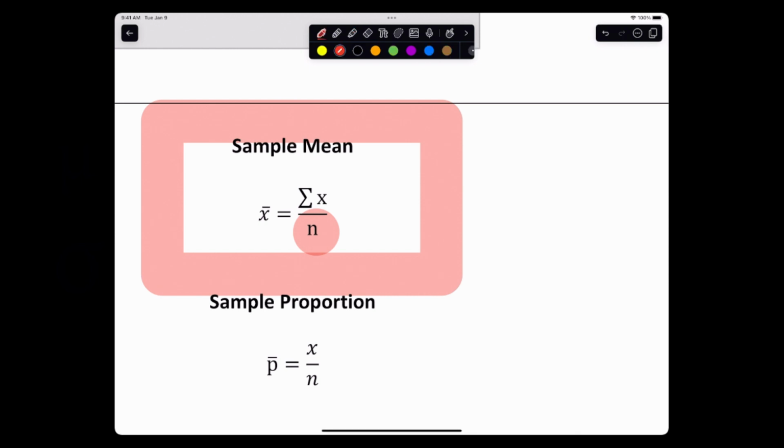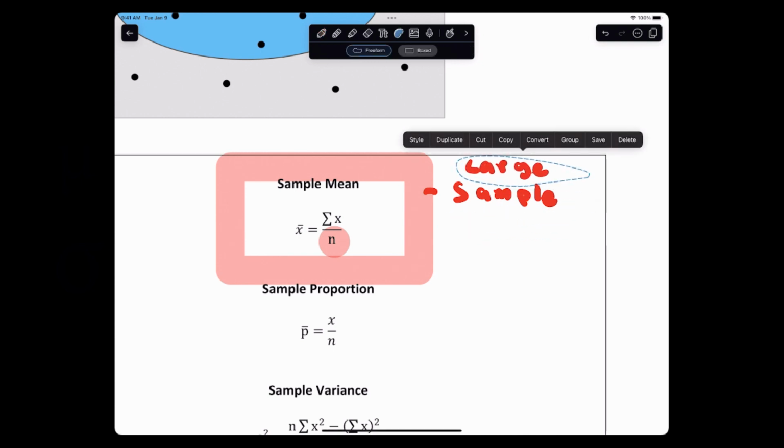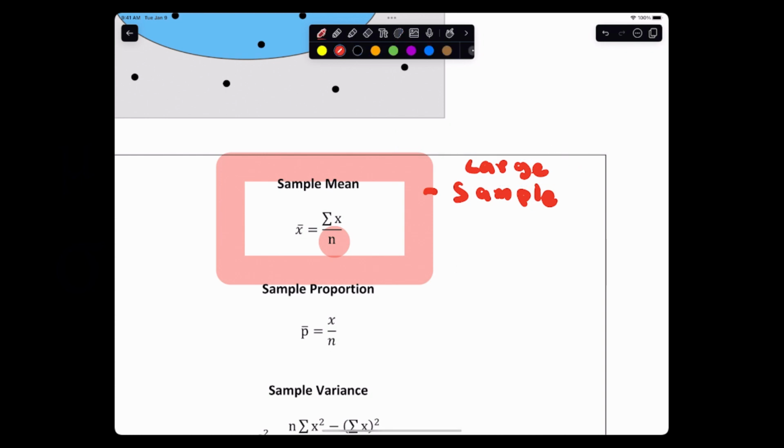On a sample. Is that right? So you're going to be taking a sample, not a census. And in fact, specifically today, it's going to be a large what? Sample. What's a large sample? Do you guys remember? Anything that's what? Yeah, bigger than 30.